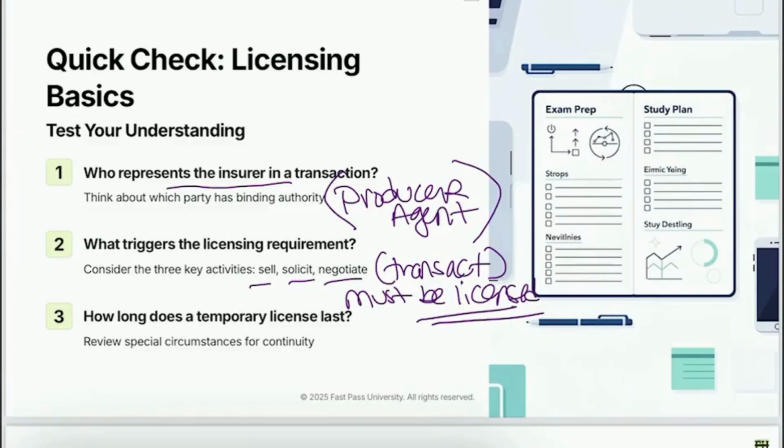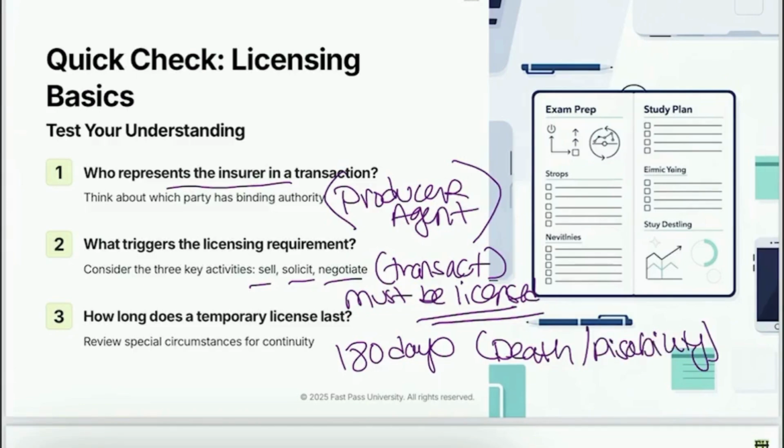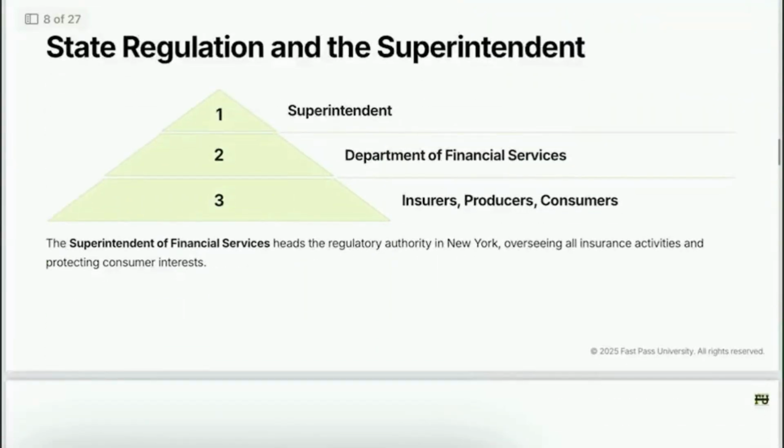All right, so moving on. State regulation and the superintendent. So the head of the Department of Insurance in New York is called the superintendent. In other states, they have different titles: commissioner, director, etc. You need to know that that is called the superintendent in your state.